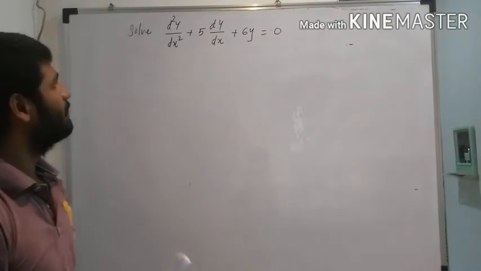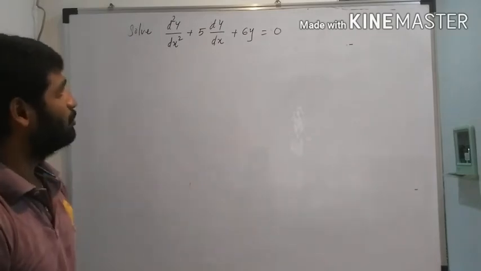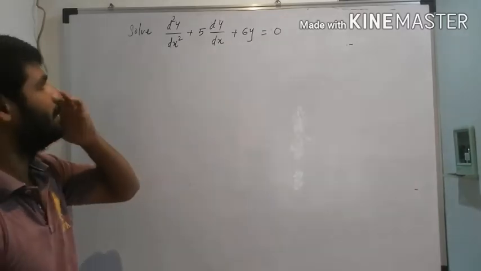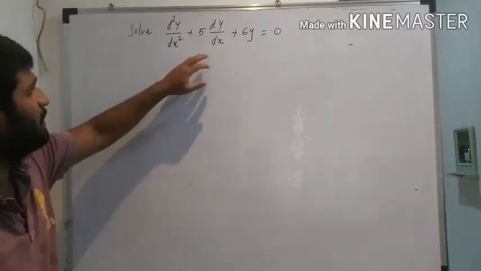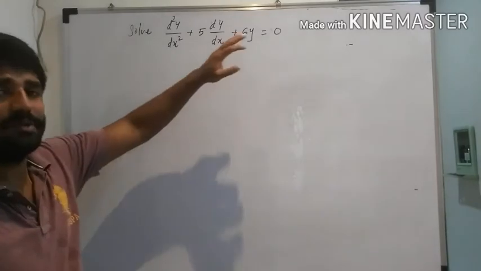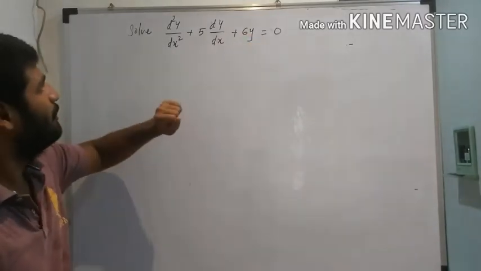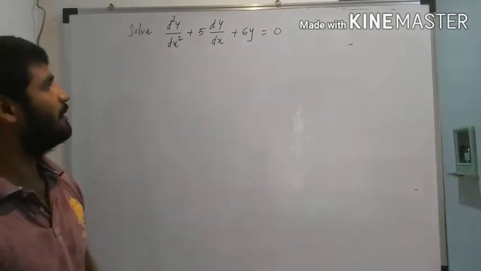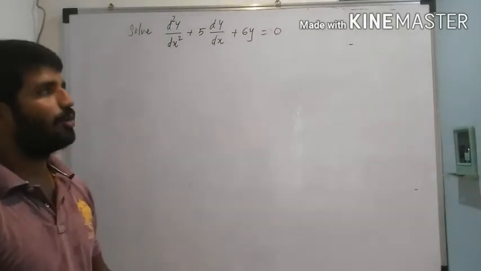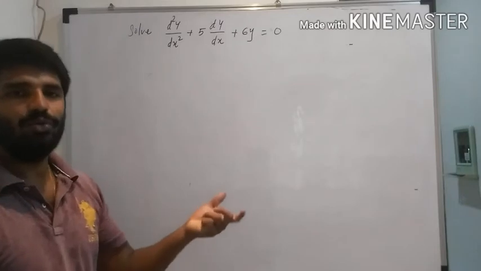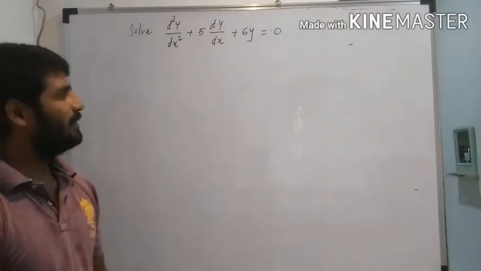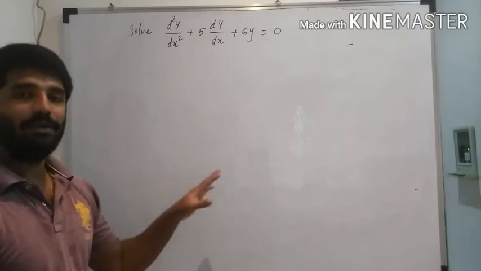So this is your given differential equation and we have to solve it to find the complementary function. This given differential equation is equation number 1, in small d. So first we have to reduce this differential equation by using the differential operator capital D in the form of f of D into y equal to 0. And after that we have to write the auxiliary equation, then solve the auxiliary equation and find out the roots.